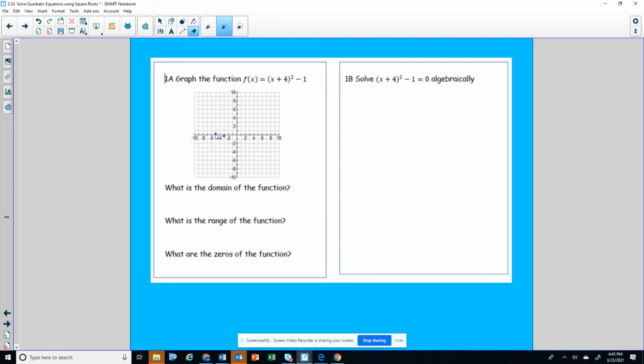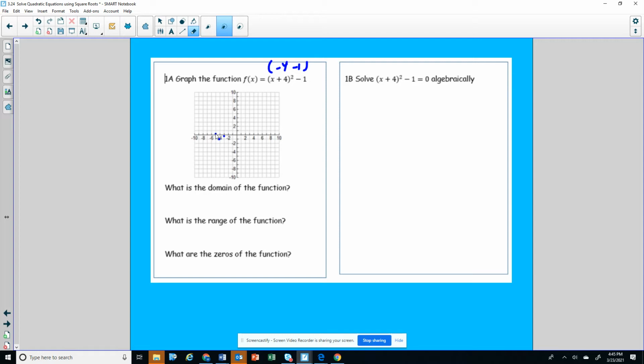That's going to be really close. And then the vertex of this graph is (-4, -1).